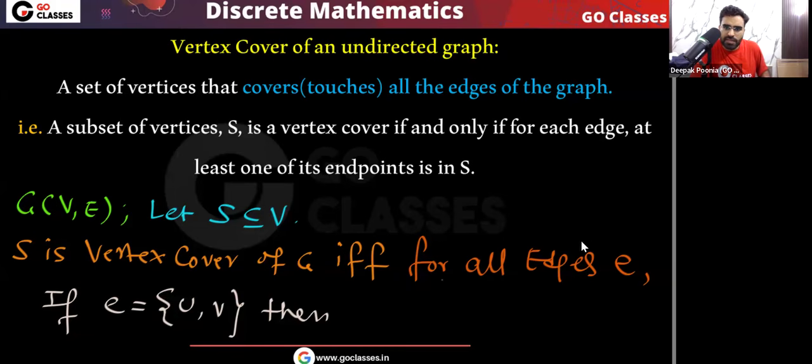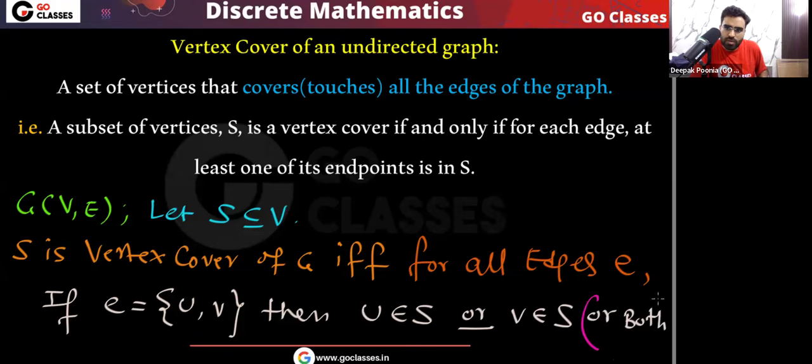So if E is (U, V), then either U belongs to S or V belongs to S, or both, no problem.